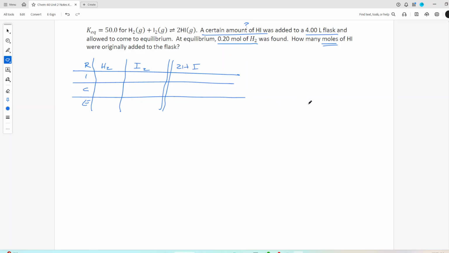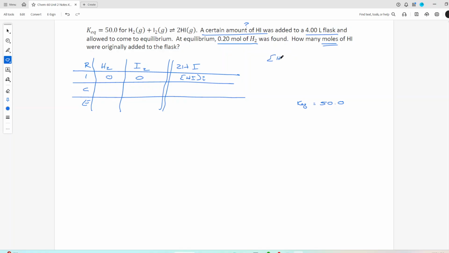We know that KEQ is equal to 50. We know that a certain amount of HI was placed into the bulb. So the initial amount of HI was placed in the flask, allowed to come to equilibrium. There were initial concentrations of hydrogen and iodine of 0, and there was 0.2 moles of hydrogen found at equilibrium.